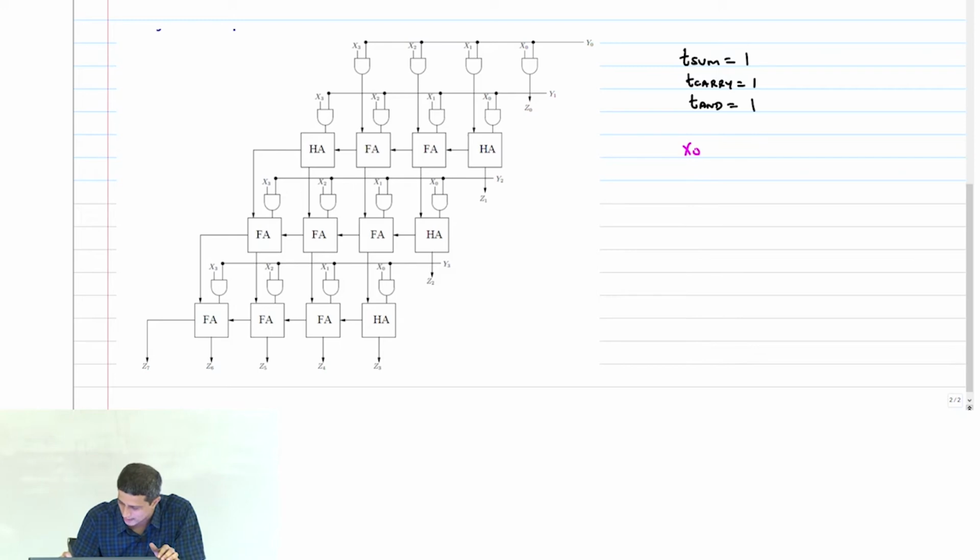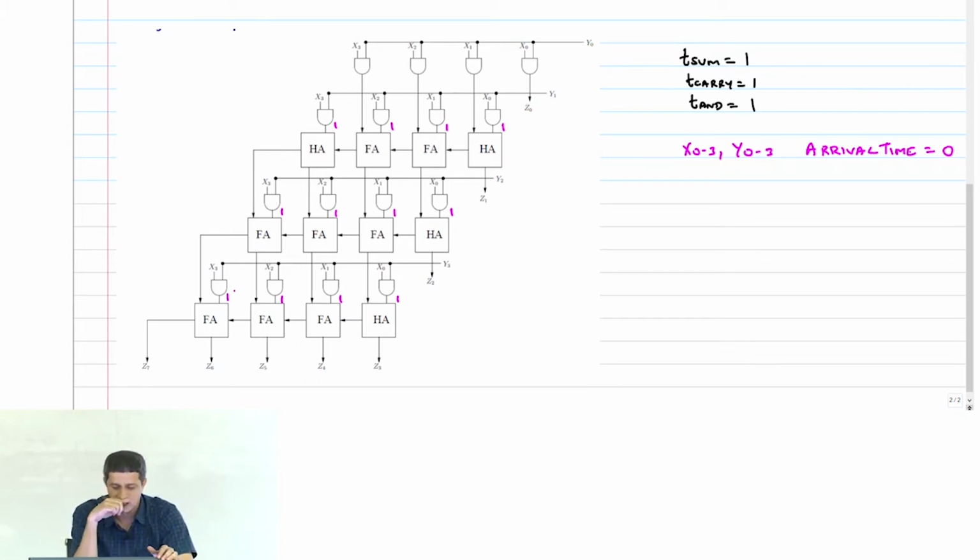This is what is known, x0 to 3, y0 to 3, arrival time equal to 0. Therefore, everything will arrive at unit time here. Correct?